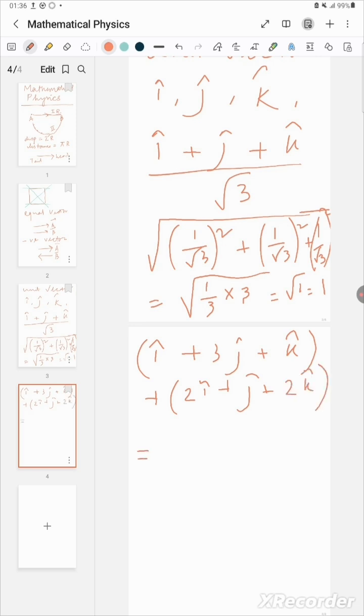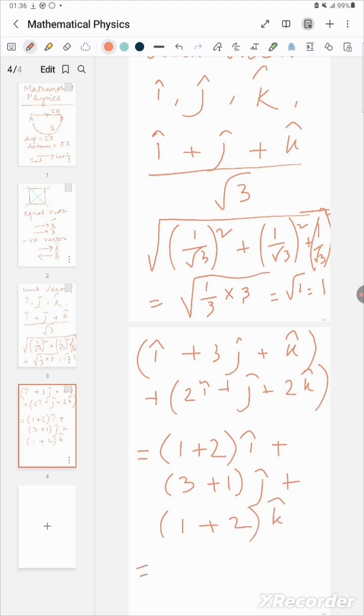The rule to add this is basically to add the coefficients of i cap. So the coefficient of i cap is 1 plus 2 i cap, plus the coefficient of j cap is to be added, so it will be 3 plus 1 j cap, plus again add the coefficient of k cap, so it would be 1 plus 2. So our answer would be 3i cap plus 4j cap plus 3k cap.